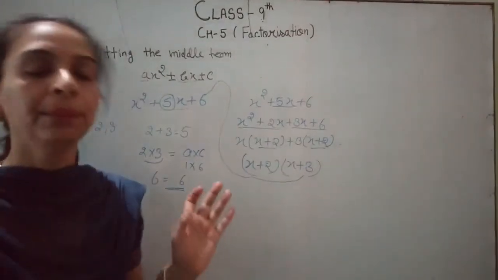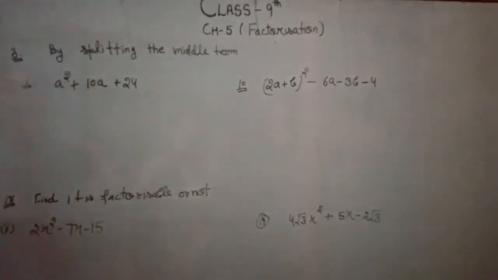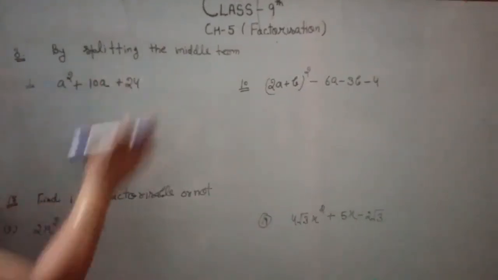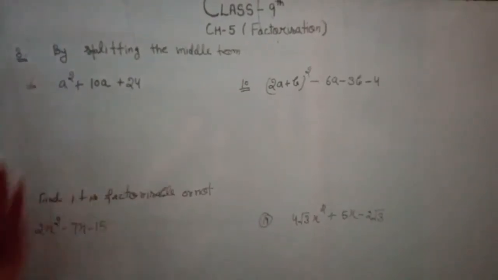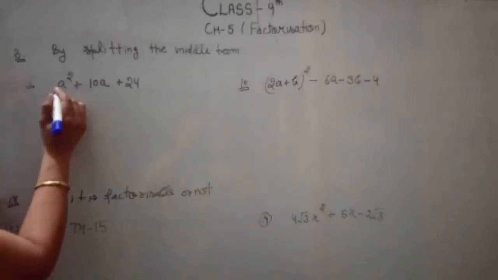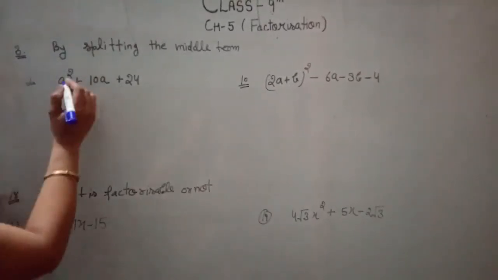So now we take some questions from exercise 5b. Factorize this by splitting the middle term. First question, a square plus 10a plus 24. Student, in this expression a is our variable.